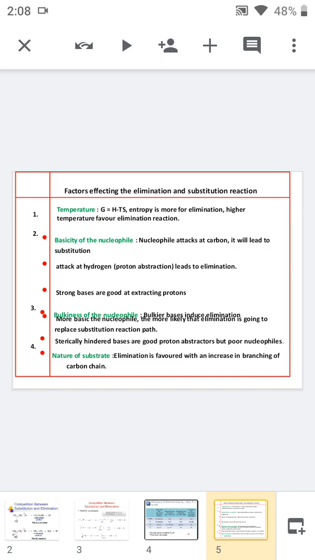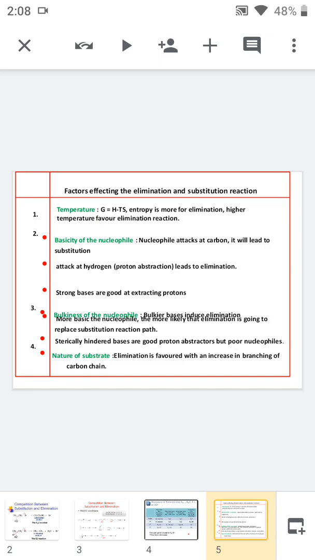Now the next factor is the bulkiness of the nucleophile. The bulkier base induces elimination reaction because as the group is bulkier, it is very difficult to substitute in many of the substrates.